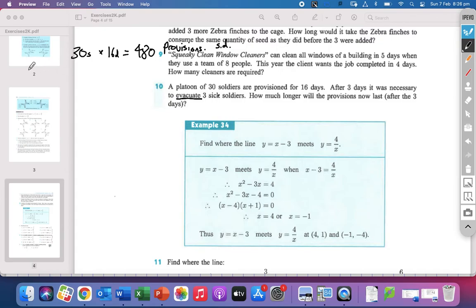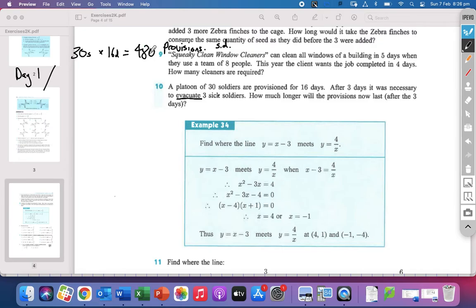So maybe I could think of it like this. Day 1, you had 30 soldiers and only one day, and they ate 30 provisions, right? If I took that 30 and times it by 16, I get to 480, and that's all of the provisions. Or you could just think to yourself, well, I've just worked out by doing 30 times 16 is 480.